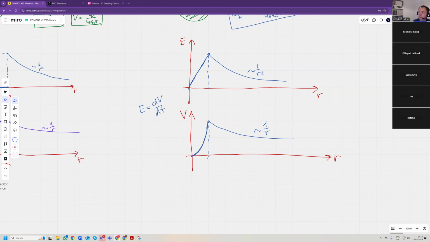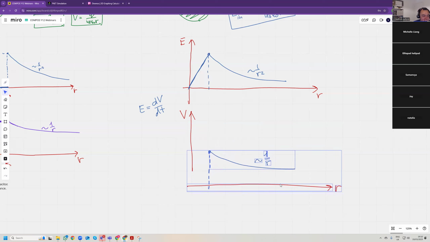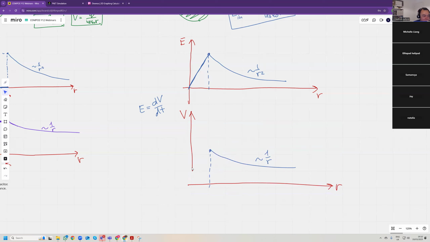Sorry, of course. I'm just talking nonsense. Apologies. I was wondering, no, that doesn't make any sense. Of course, because the gradient is still positive, E is positive, right?